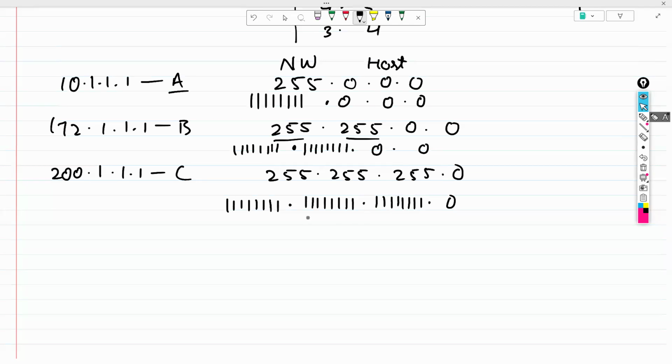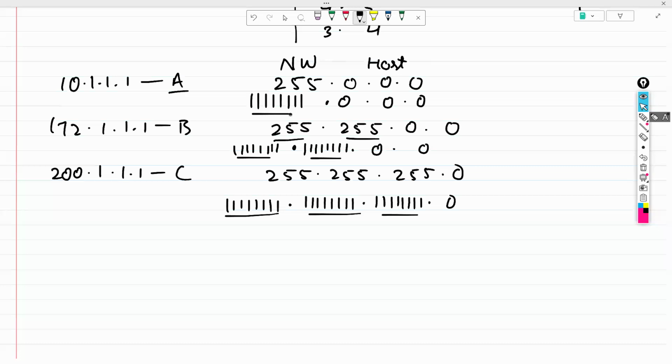So by reading these binary numbers, any computing device understands how many network octets and how many host octets there are, and based on that, it finds out which class this IP address belongs to.